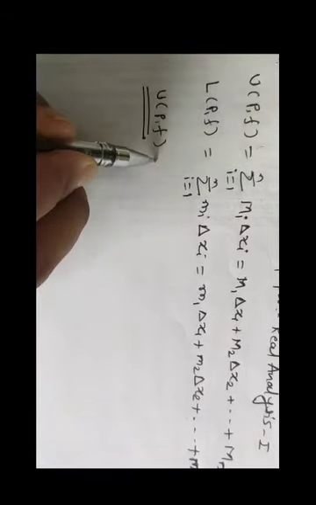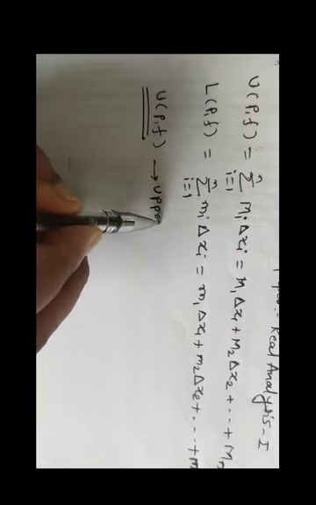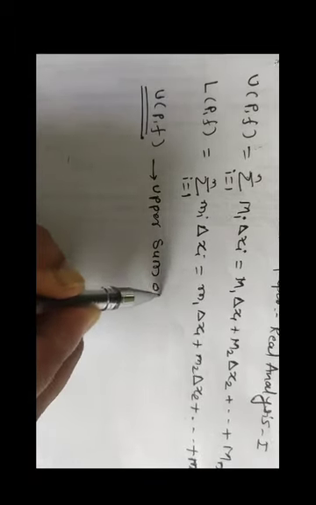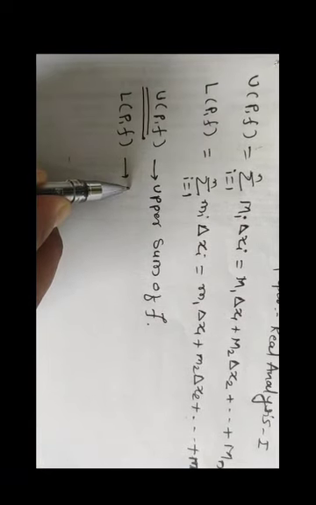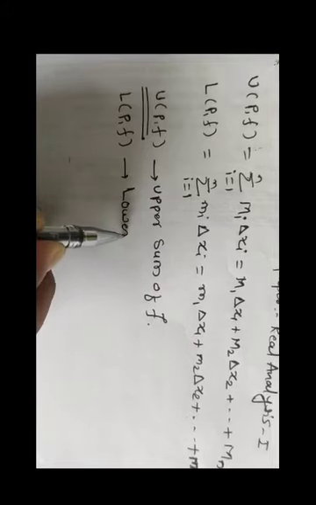So here this U(P,f) is called the upper sum of the function f, and this L(P,f) means the lower sum of f.